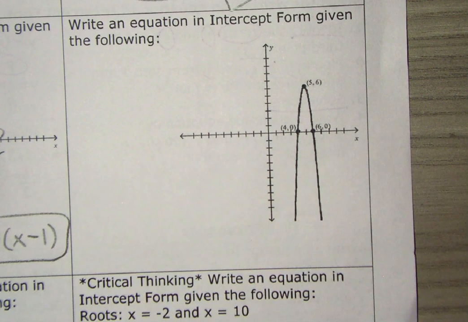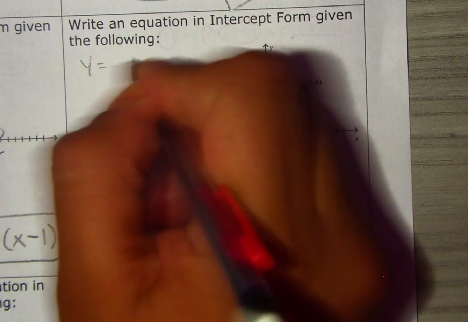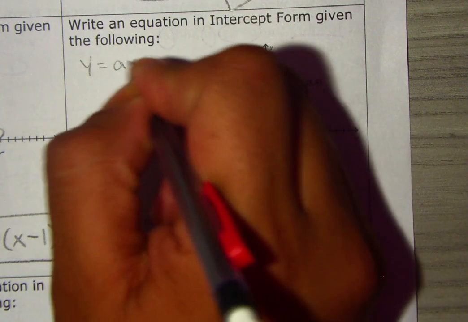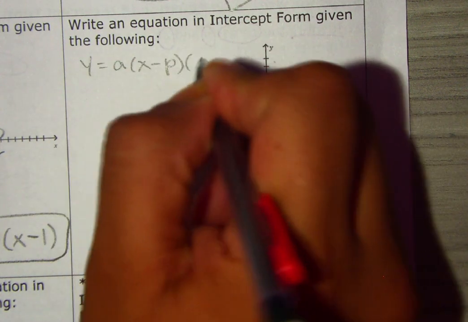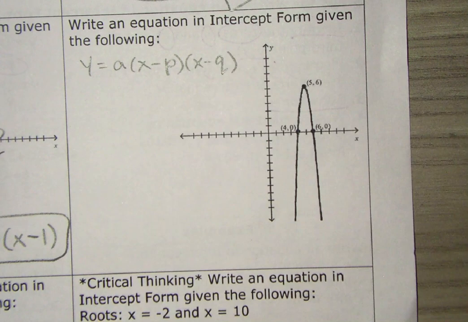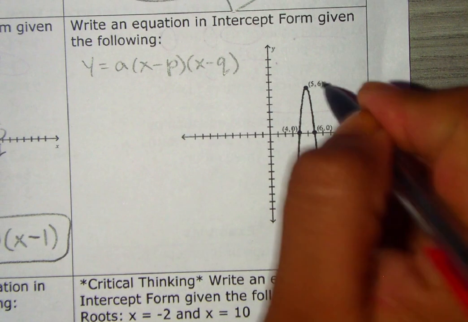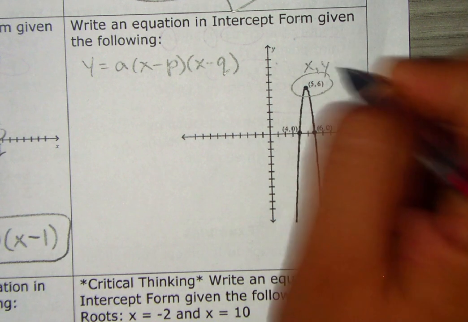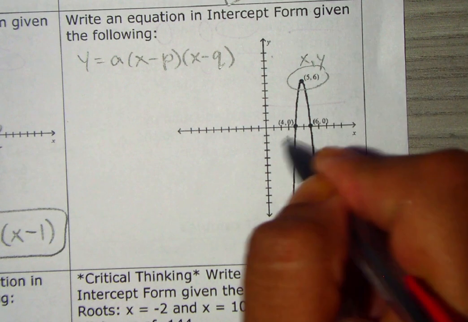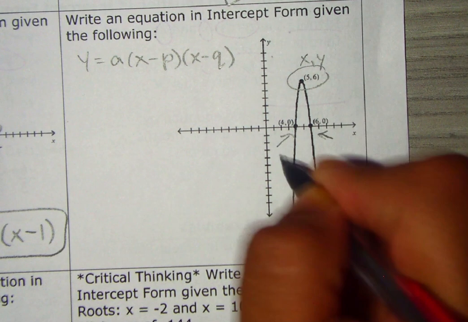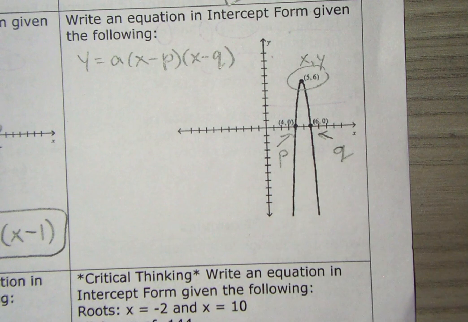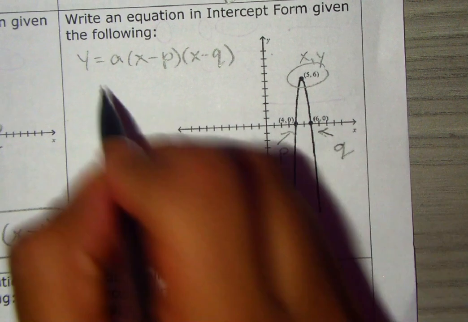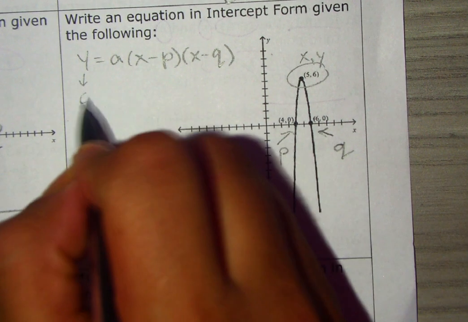Hopefully you tried this first, and the template for this is y equals a, x minus p, x minus q, and you need to find a point. So we're going to use the vertex as a point right here, x comma y, and the x-intercepts as your p and your q. So we're going to replace the y value of 6.